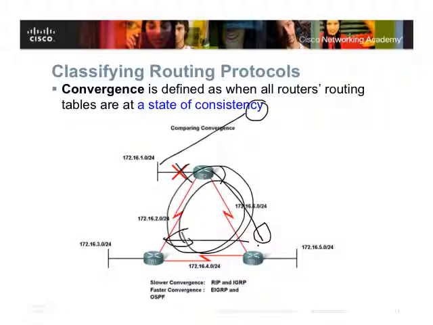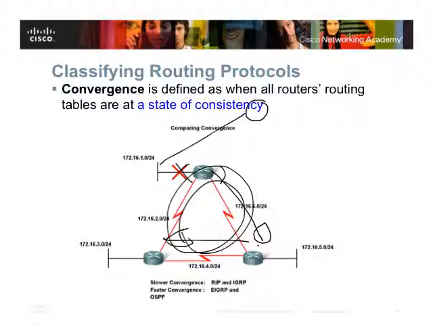Based on the routing protocol that you use, you may get slower convergence or faster convergence. Why? As we said, a protocol like RIP uses periodic updates, right? So if this link is down, I will have to wait for 30 seconds because I use periodic updates.